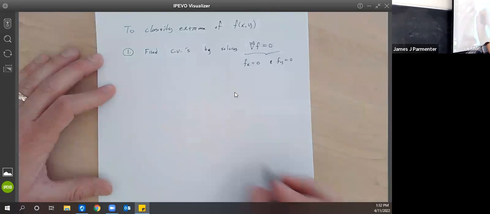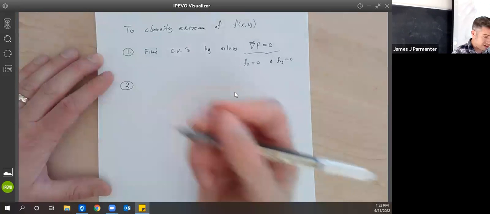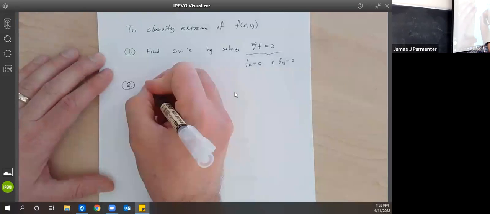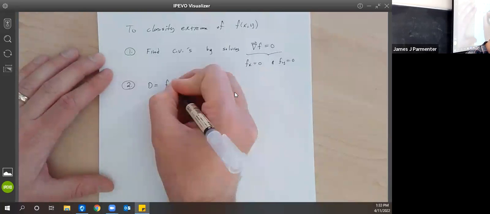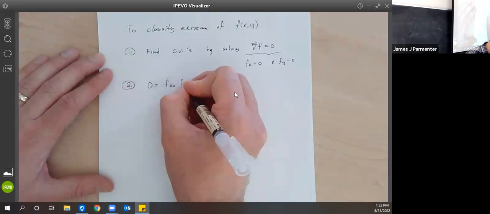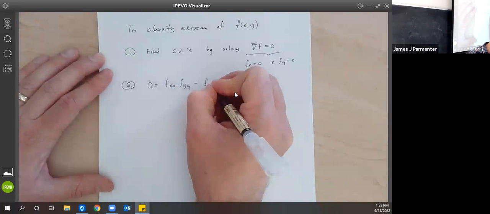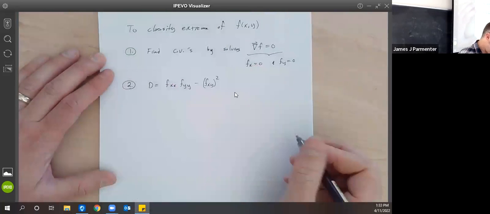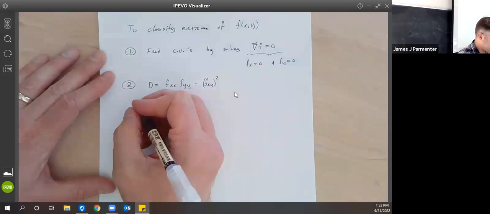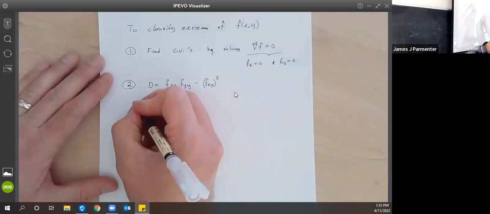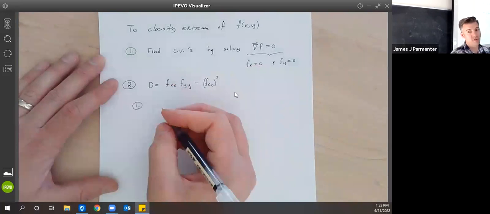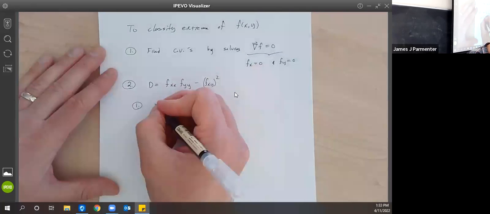And then the second thing we do is we calculate D. So D being fxx times fyy minus fxy quantity squared. And then there are 2 possibilities at first.